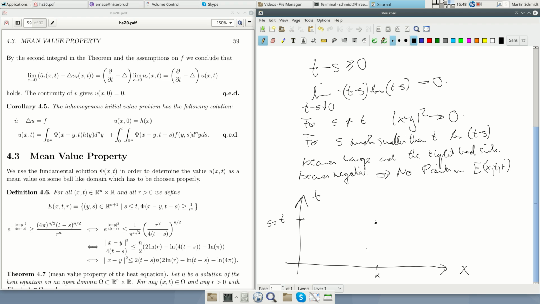And then for smaller values, here is also where it becomes 0. And in between it becomes larger. And then it's of course rotational invariant around an axis. Yeah, also in higher dimension, it's rotational invariant. This is a rotation axis.